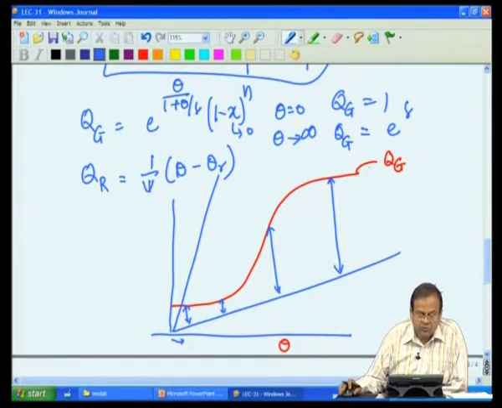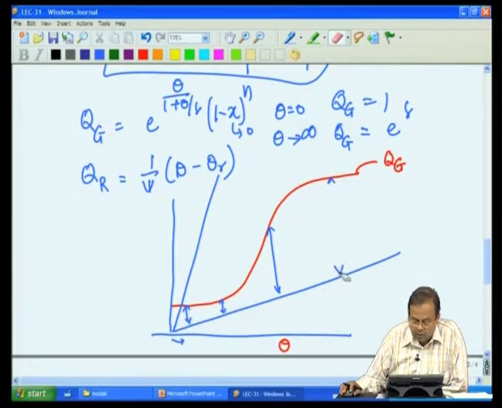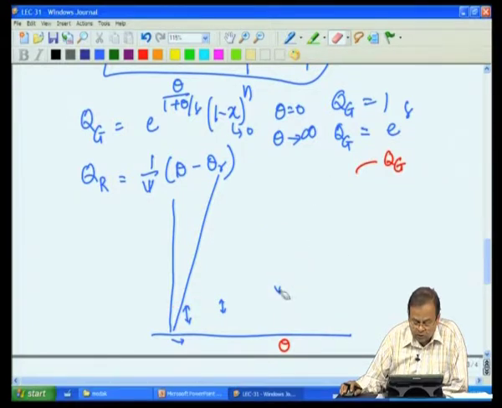Now, this was the case when we neglected the reaction. So, even for this particular case, let us try to see how we can get those conditions. Let us look at this behavior once again.